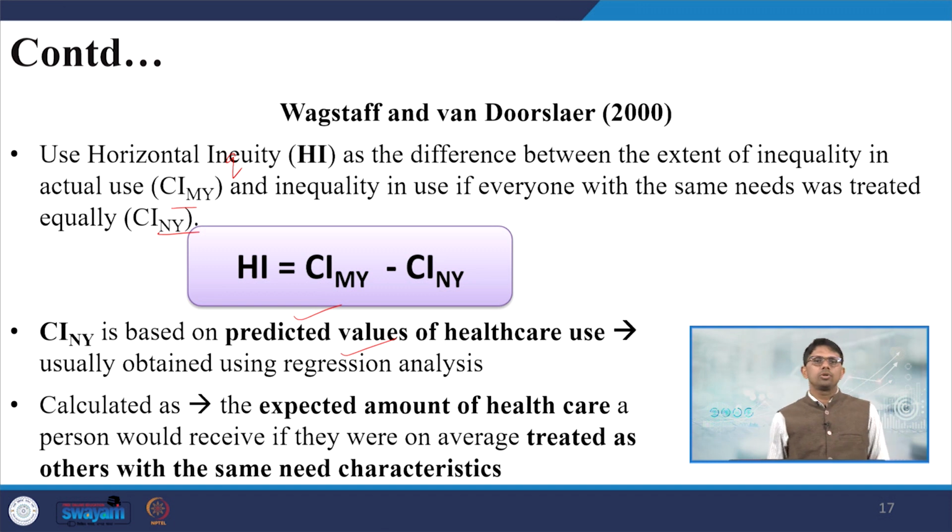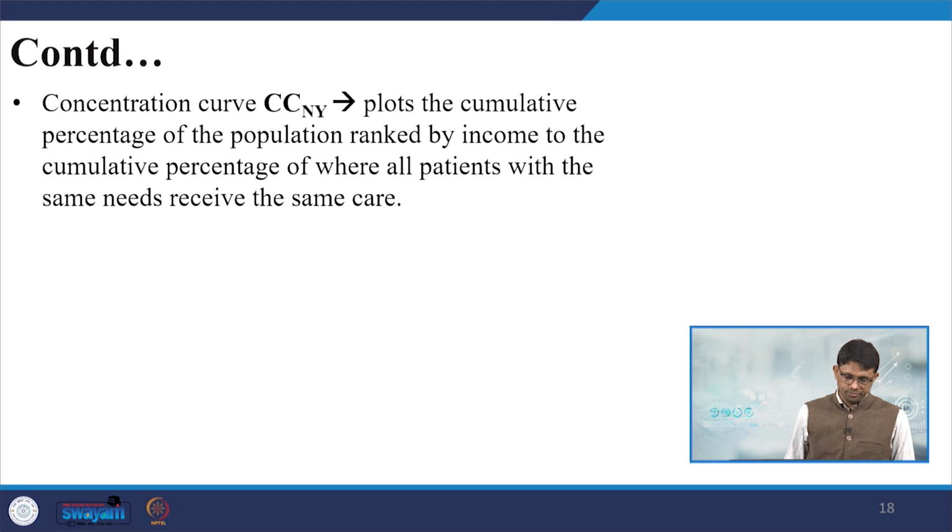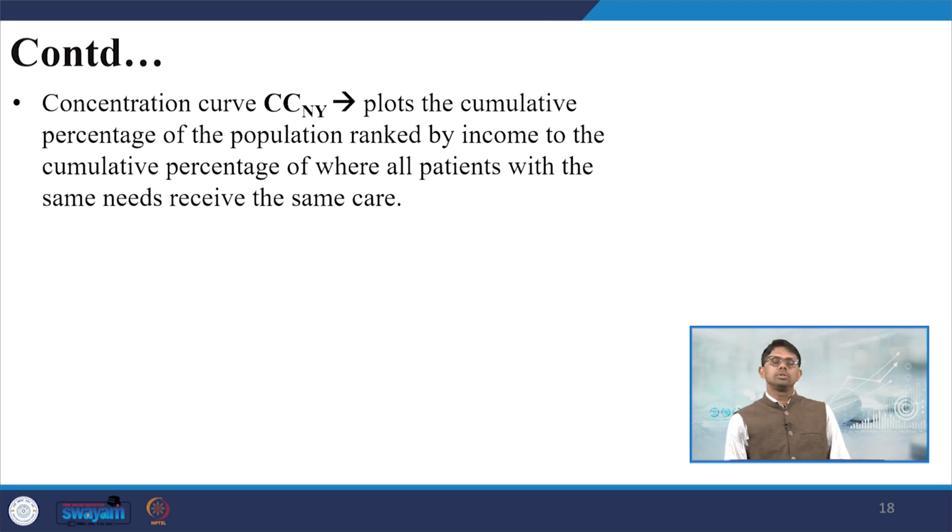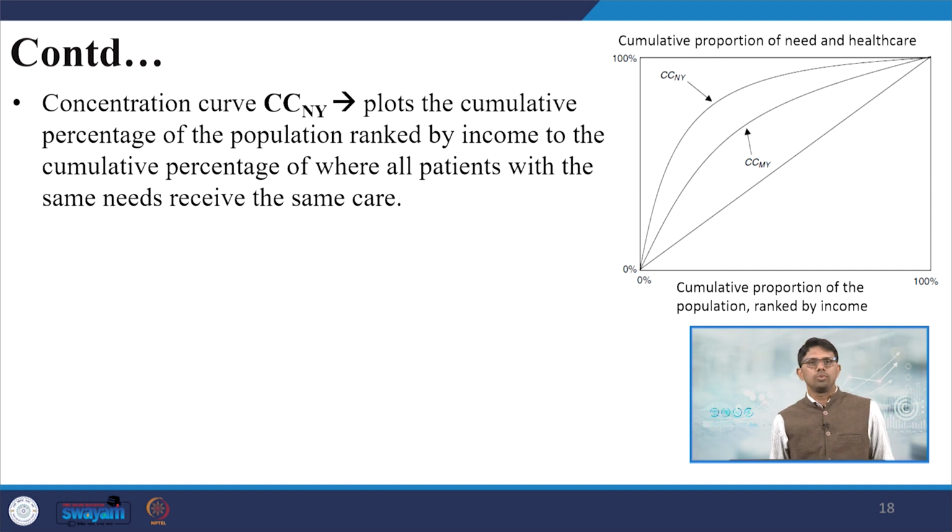So, the expected amount of healthcare a person would receive if they were treated on average as others with the same need characteristics. The concentration curve, CCNY, plots the cumulative percentage of the population ranked by income against the cumulative percentage of care, where all patients with the same needs receive the same care.